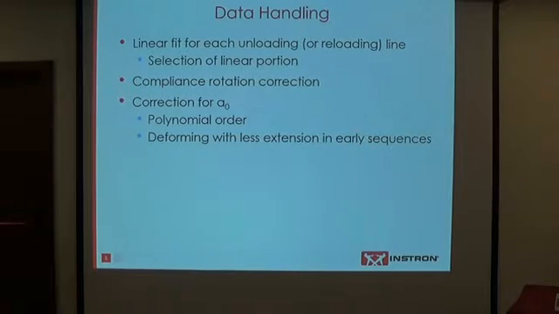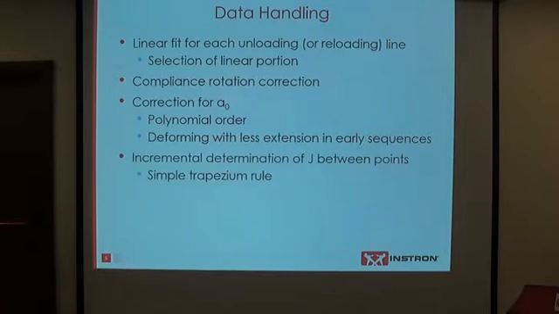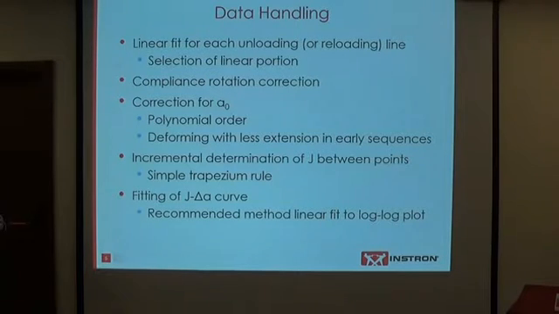Also, the very early sequences may not fit very well. And then we are incrementally determining J between the points that we've ascertained, using the trapezium rule, as you'll probably be familiar with from both ISO and ASTM standards. So there are various points there where you could come up with some variation.